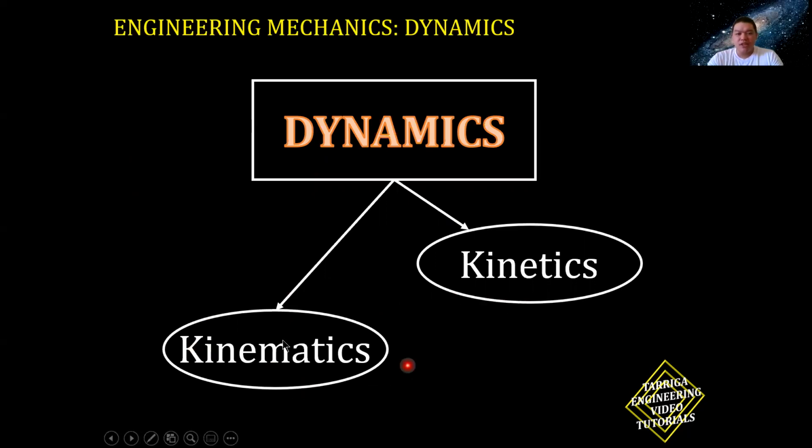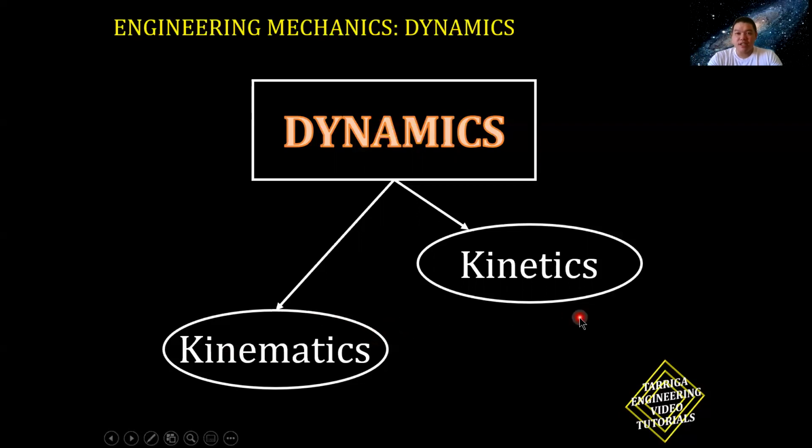Kinematics is the study of dynamics that talks about the geometrical analysis of a motion. Like rectilinear motion, the motion is linear. Projectile, the motion is parabolic. Circular motion, the motion is circular. So this is a study of the geometrical analysis of a motion.